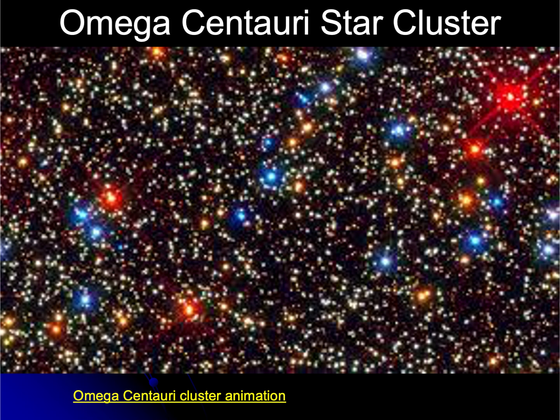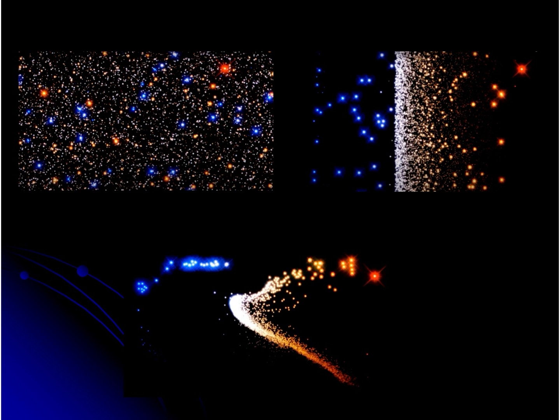To activate the animation, click the link at the bottom of the PowerPoint slide. Here, I'll explain briefly what the animation shows. The producers started with the full image of the cluster in the top left image. They then sort the stars by color, moving the blues and whites to the left, the yellows and the reds to the right.